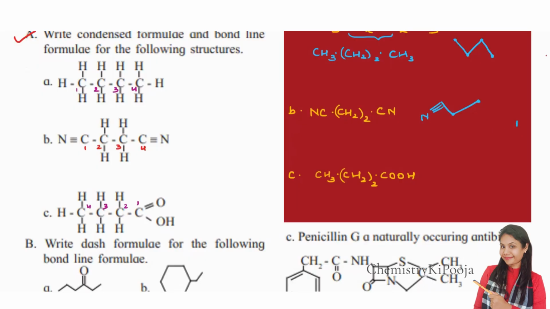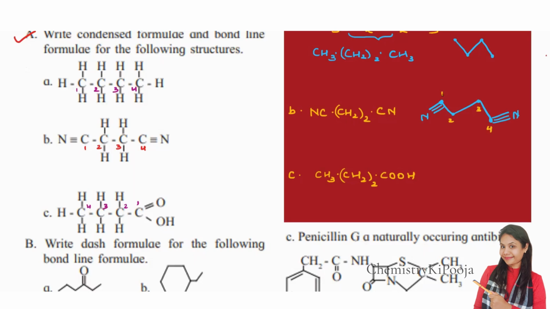So how am I going to show it? This is the carbon, triple bond N. The same way, I am going to write this: this is the carbon, and then over here there is a triple bond N. Clear? If I carefully look at the number of carbon atoms, this is the first carbon, second carbon, third carbon and the fourth. So our answer is correct, right?